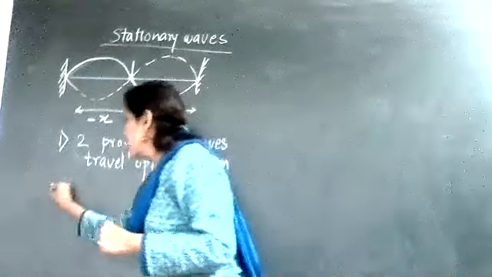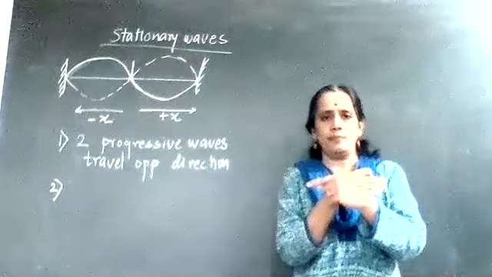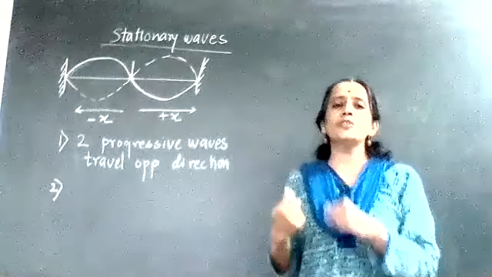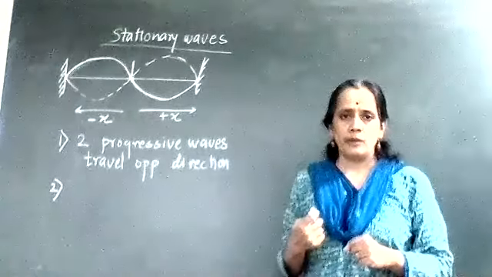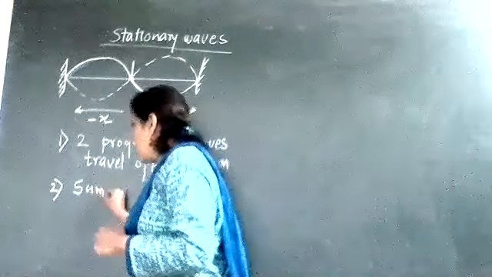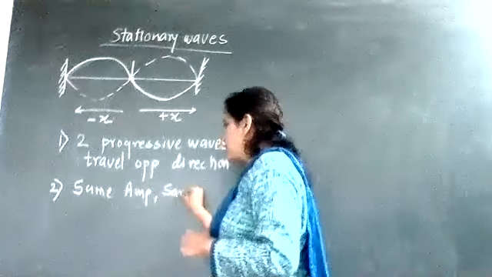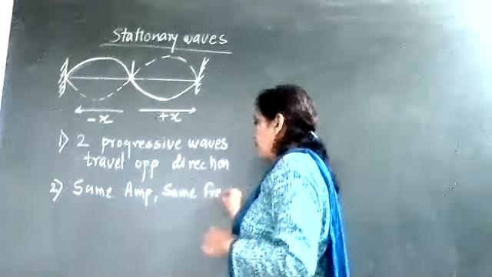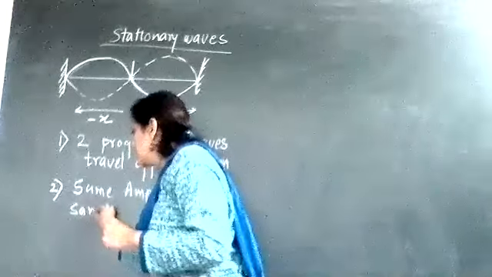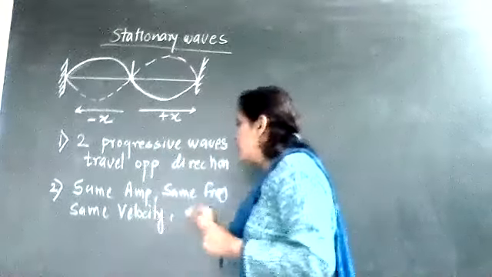What is the second requirement here? Whatever these two progressive waves are, the incident wave and the reflected wave will get superimposed on each other. So the incident wave and the reflected wave, both progressive waves, have the same amplitude, the same frequency, and travel with the same velocity, and they will be traveling along the same line.